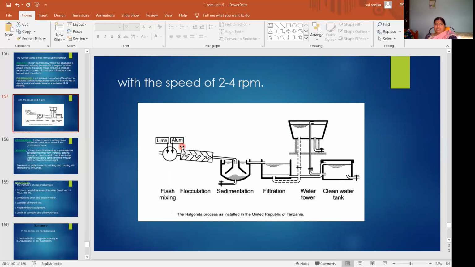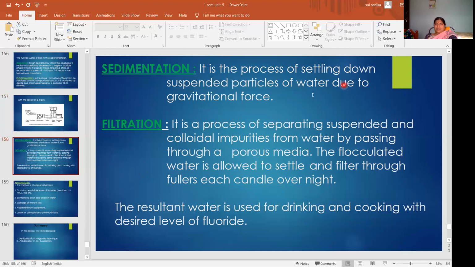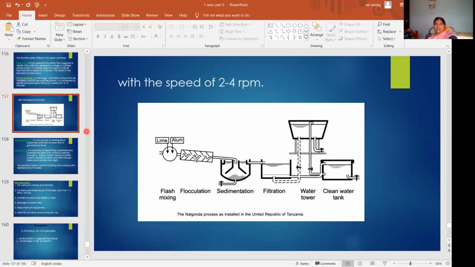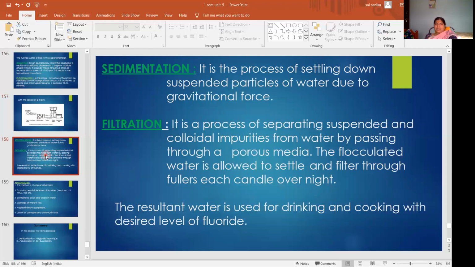So lime, alum, then flocculation, then sedimentation, settling the suspended impurities due to gravitational force. Then we do filtration through a porous medium. Whatever coagulated and suspended particles are there will be filtered through the porous media.